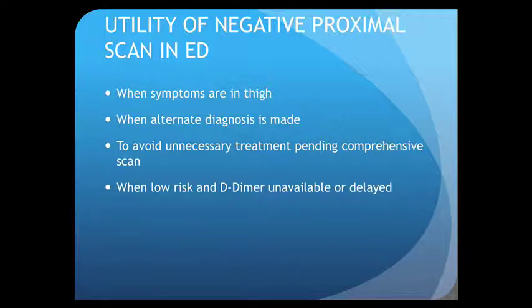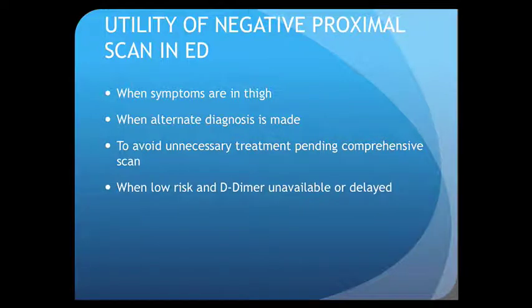And similarly, if the patient is low risk and the D-dimer is unavailable, or for some reason it's delayed, it's going to be hours and hours, then it may well be much quicker for you to do the ultrasound scan in the department and then allow the patient to be discharged with a view to bringing them back maybe in a day or two for a comprehensive scan.